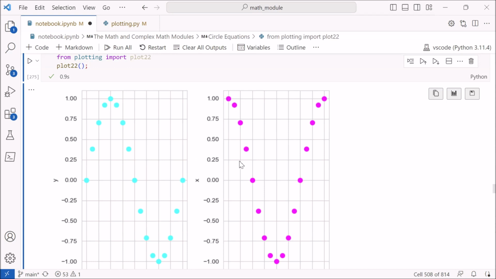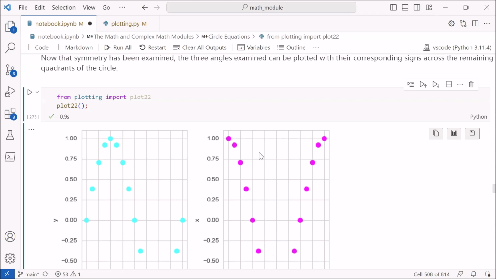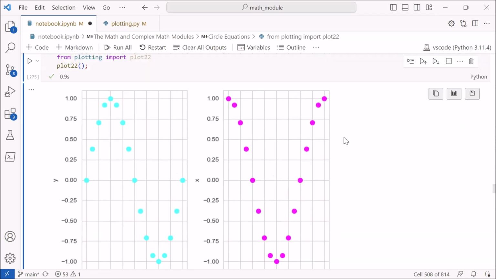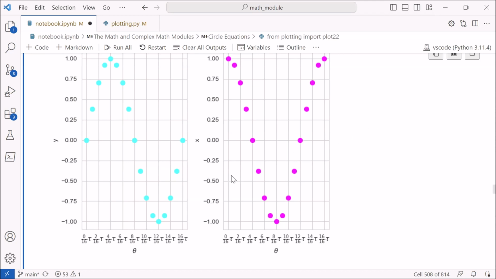Cosine is going from 1, down to 0, then to -1, then to 0, and then to 1. Notice that if you ignore this first quarter, follow this trend, and then take this first quarter, you have this plot. So this is what the y and the x value look like as you go around the circle.